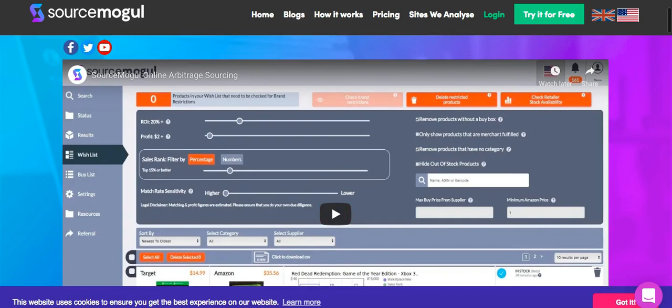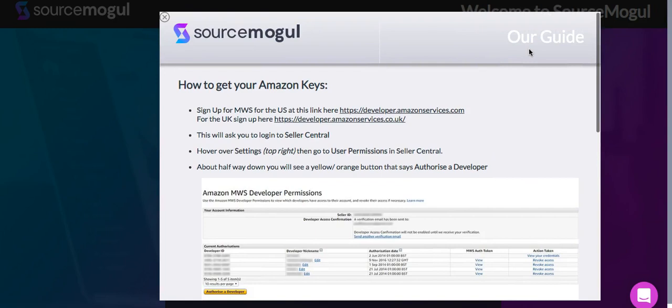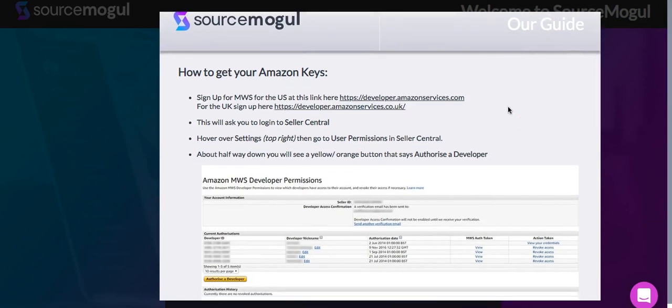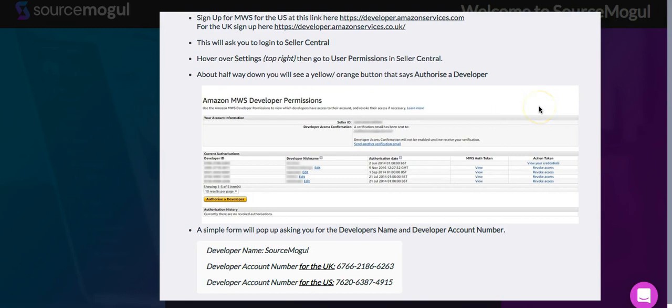Anyway, once you log in, so I signed up already just now, and it asked me to do this, which is basically you've got to add some key details into your Amazon account. I'm going to go over what it means. It's basically like a little window for them to look through to your account.